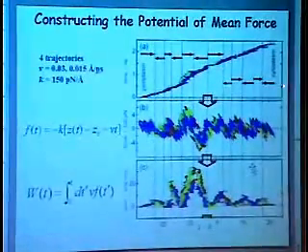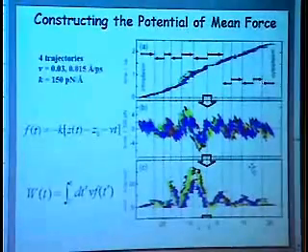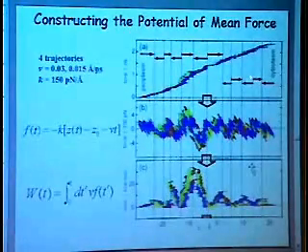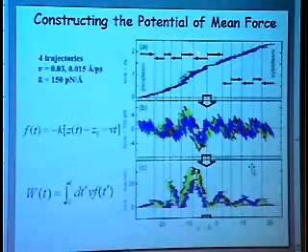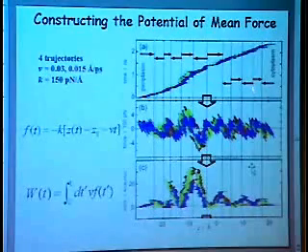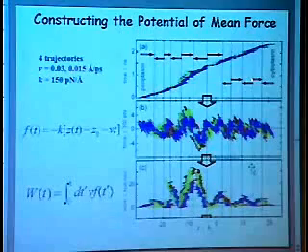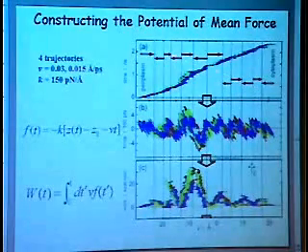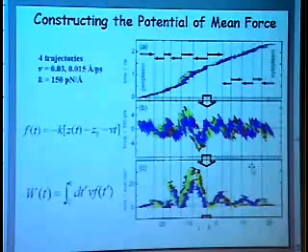So what we decided to do was pull for a few angstroms and then stop, let the system relax a little bit, sort of similar maybe to umbrella sampling in a sense. That gives you the information about this piece. For the other piece, we equilibrated the system with the glycerol here, and then used that equilibrated system for pulling in this direction, and the same for the other direction, starting from the same point.